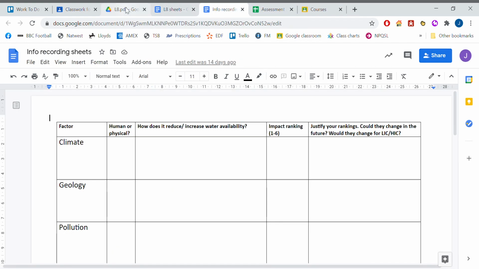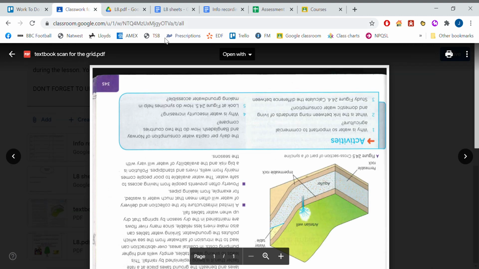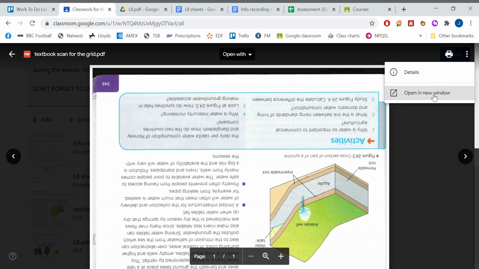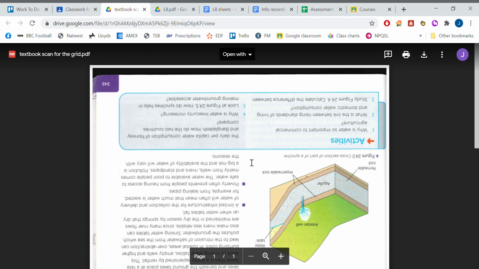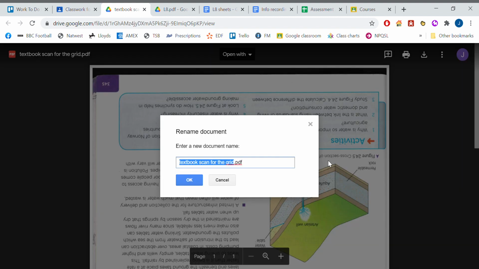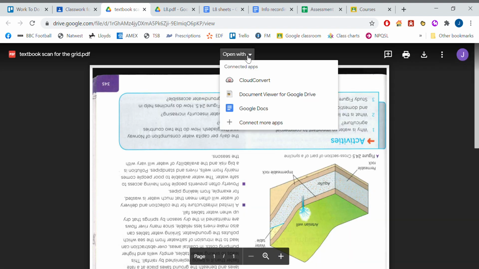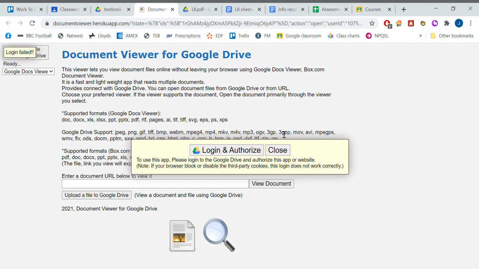Okay, the other thing to do, where is it? If I download it, the problem is I own it, so it's not going to do it for me properly. No, it's not going to do it for me.